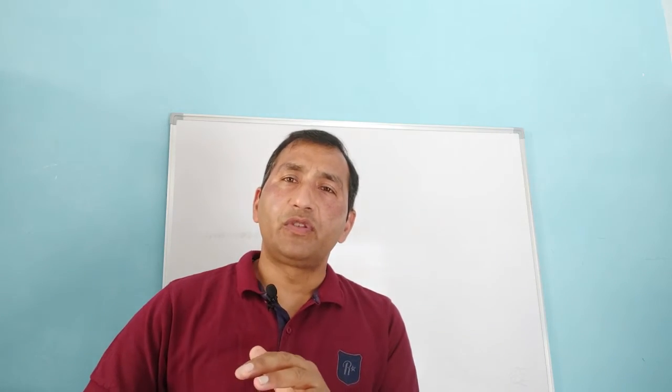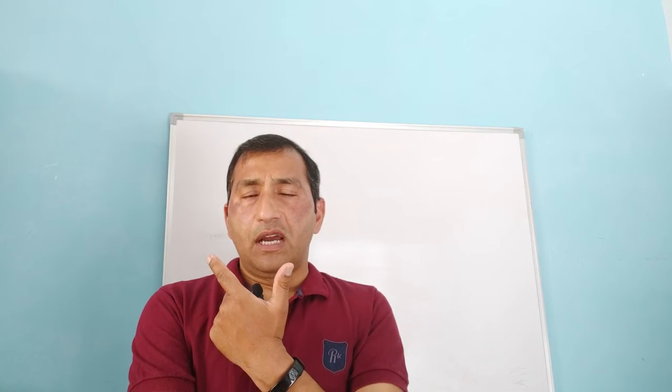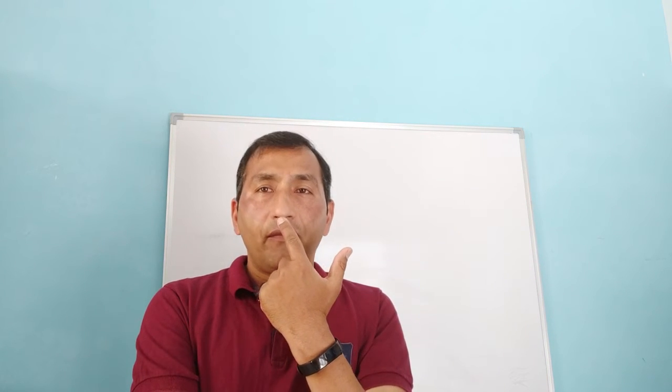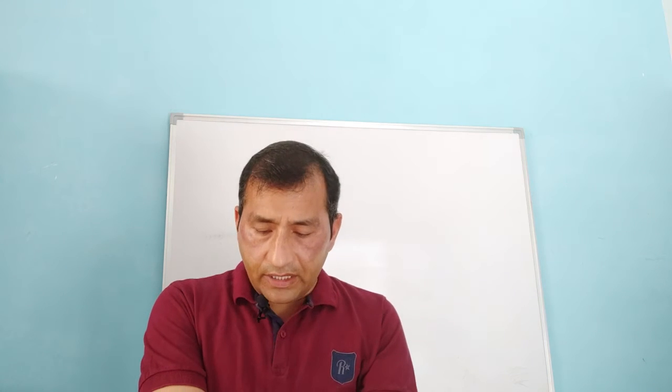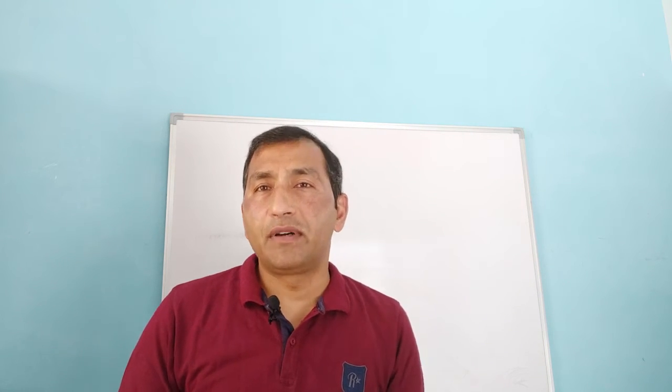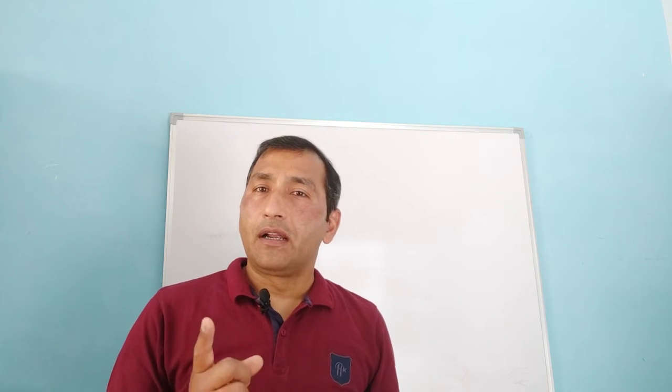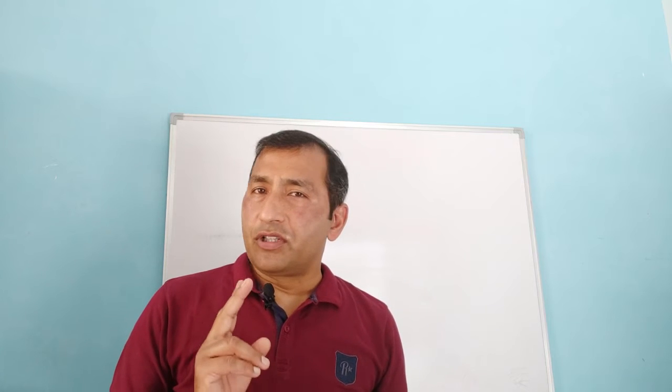So the parameters which we pass during the calling of a method are called actual parameters, and these actual parameters replace the formal parameters. But make sure that the number and the type of the parameters should be the same. Let's say I have a method with two parameters, int and int, of integer type.